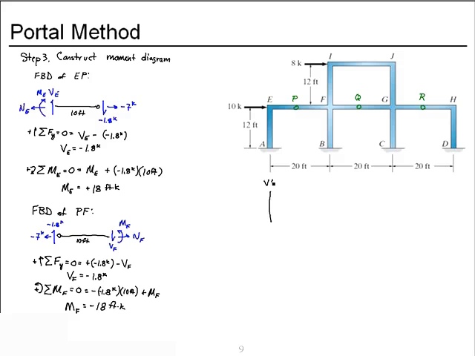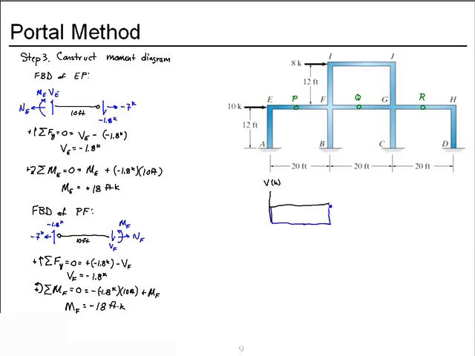So if I construct a shear diagram for just the beam EF, a negative shear at the left end, midspan, and still at the right end.